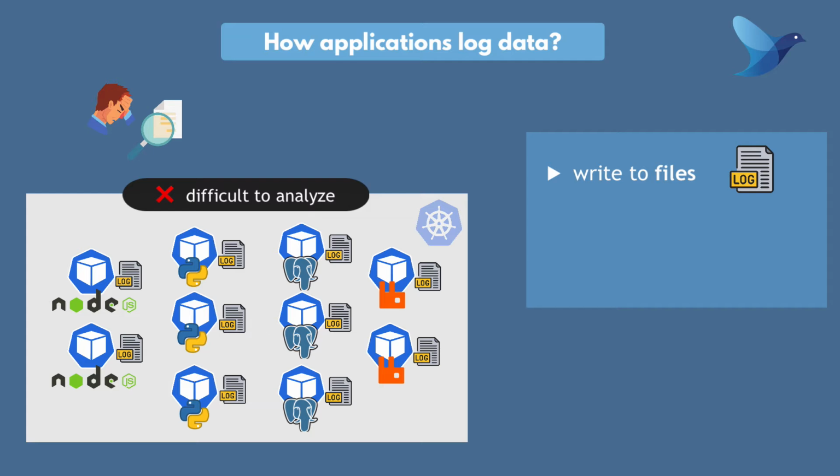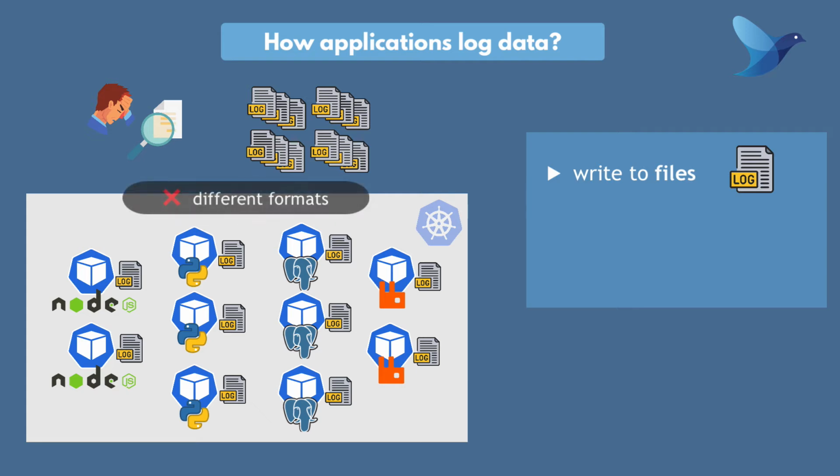And without user interface or visualization for this data, how do you analyze logs properly, especially across applications? By checking each application's log file and trying to look for similar times to check across applications. Also, logs will be in different formats coming from different applications, like the timestamps and log levels, etc.